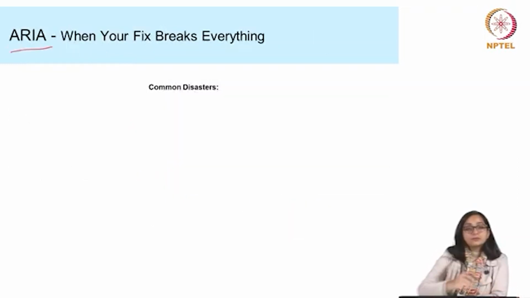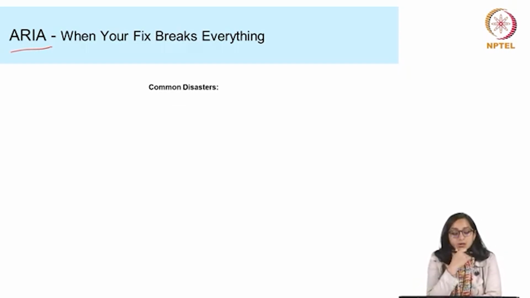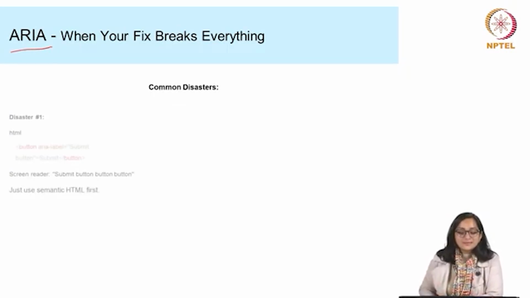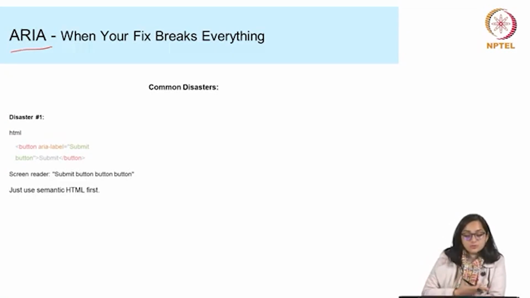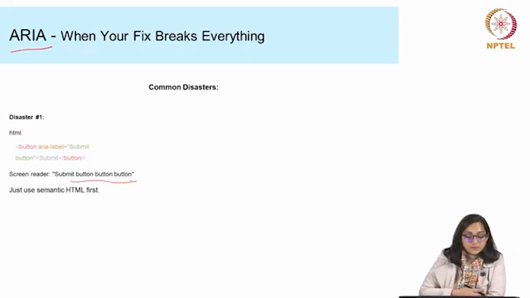So now let us talk about ARIA labels and ARIA coding. When your fix breaks everything, right? So for example, some common disasters. In your HTML code, your screen reader says "submit button button".